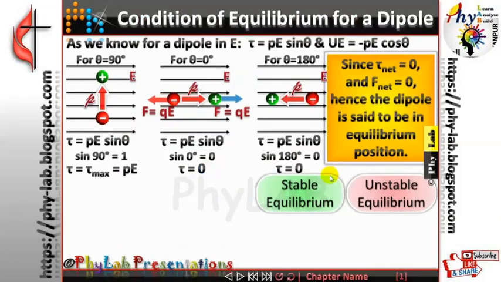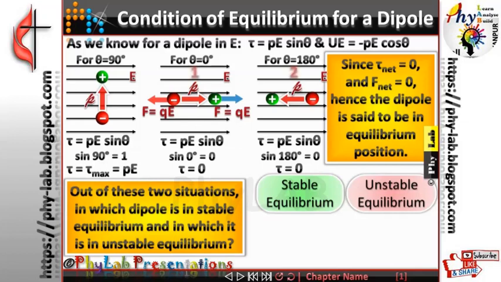Returning back to our dipole problem, friends. Here we need to discuss under which of the two orientations the dipole is in stable equilibrium and in which orientation the dipole is in unstable equilibrium, friends. Here we have got two particular states of the dipole, state 1 and state 2.